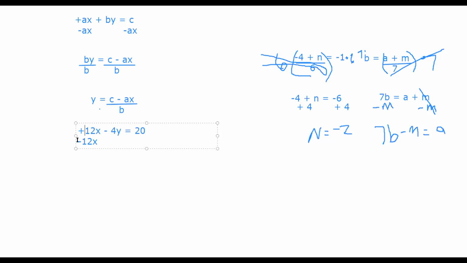So whether you see that minus 12x as subtracting 12x or just the one being positive and the other being negative, it has the same end result. It creates a zero pair, which allows us to cancel it on the left side, and then it looks like we move it to the other side.